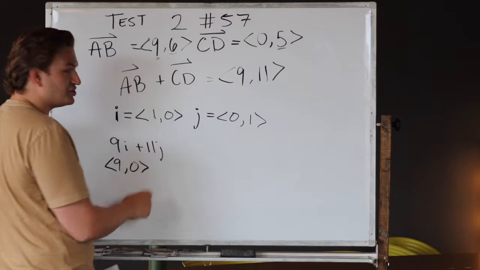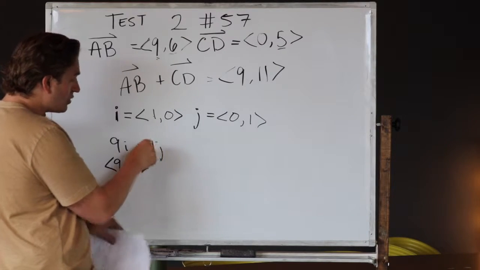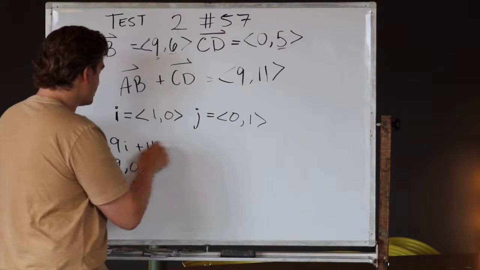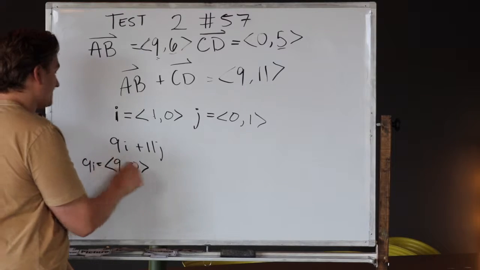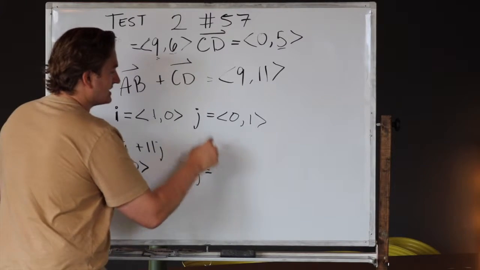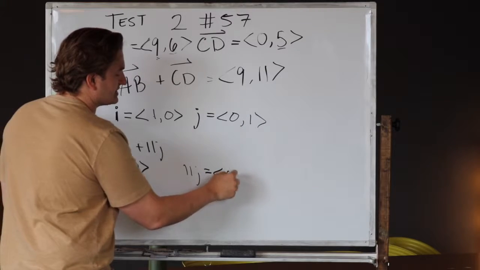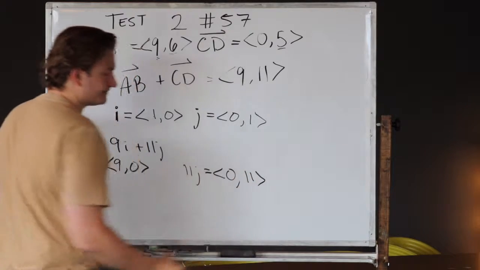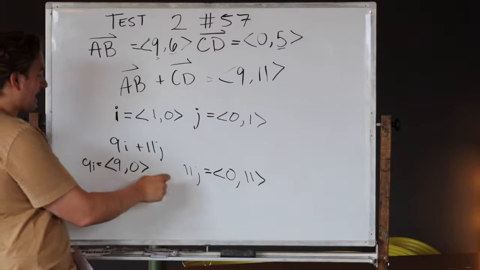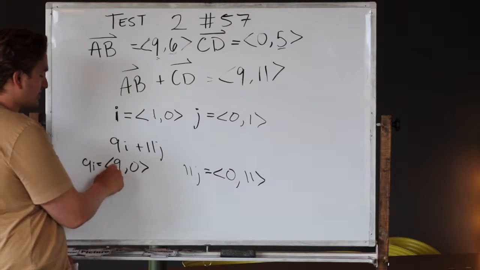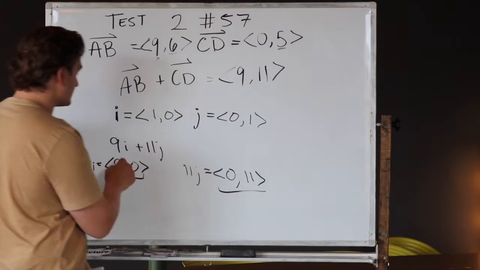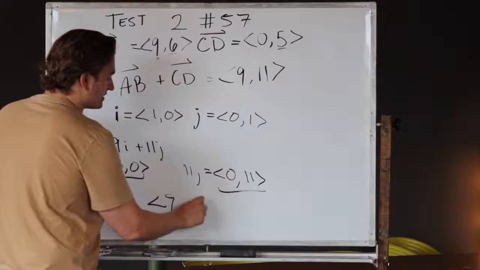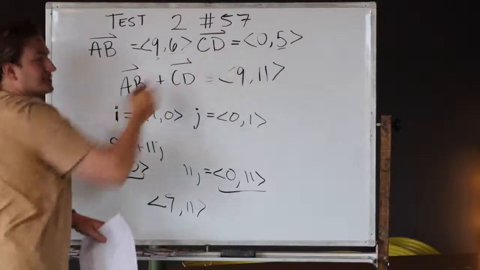And let's look at 11j. We have 11 times the unit vector j, which is <0, 1>. So 11j is 11 times 0, which is 0, comma, 11 times 1, which is 11. 9i plus 11j is these two vectors added together, which is 9 plus 0, which is 9, and 0 plus 11, which is 11, the vector that we got when we added these two original ones together.